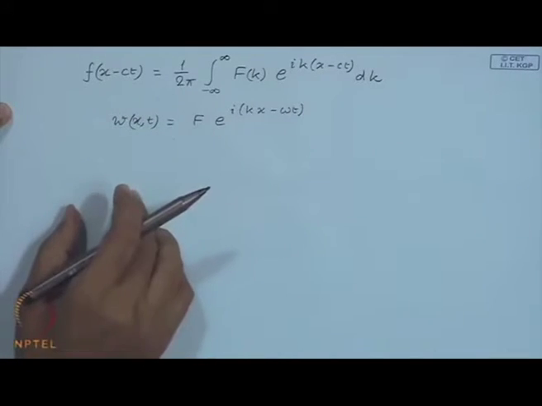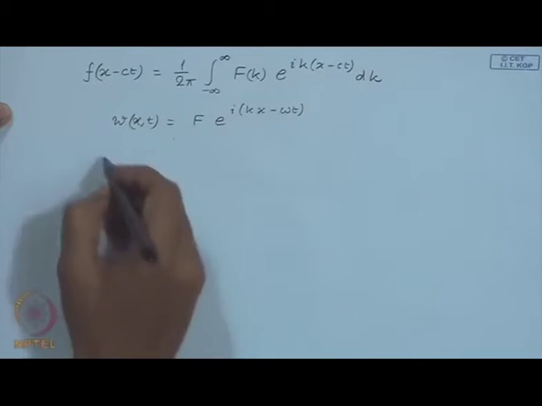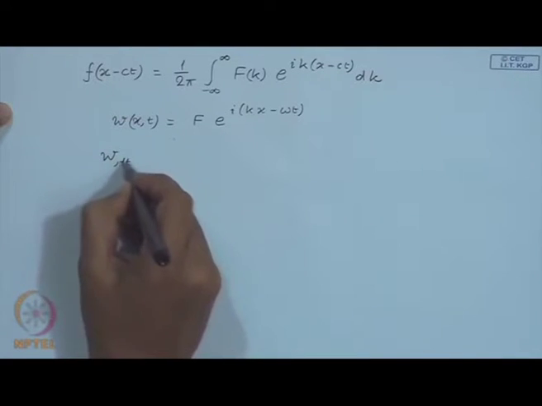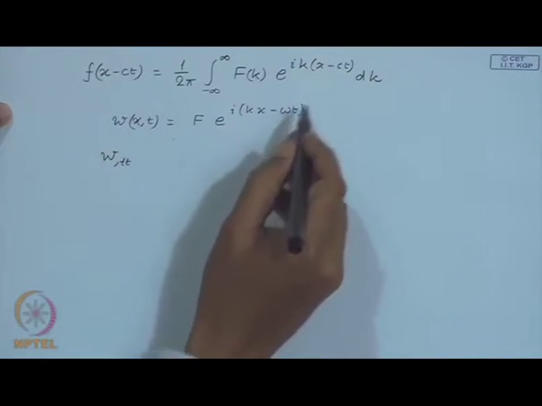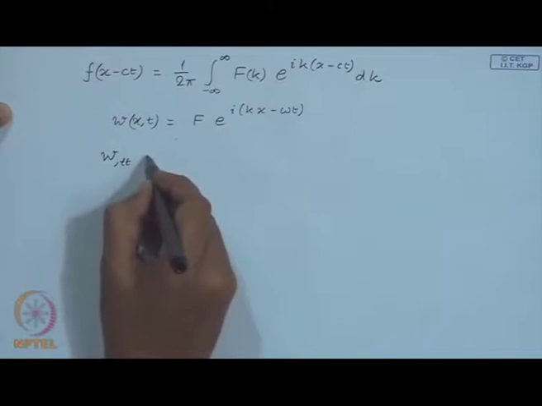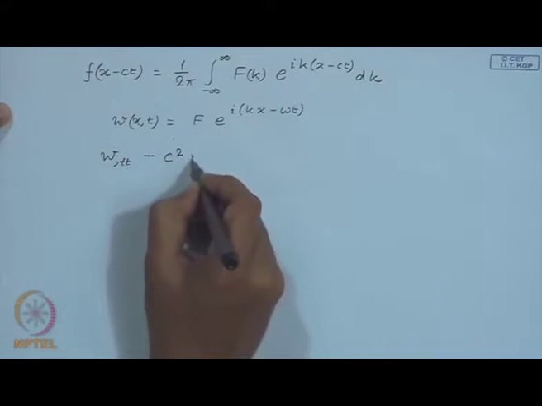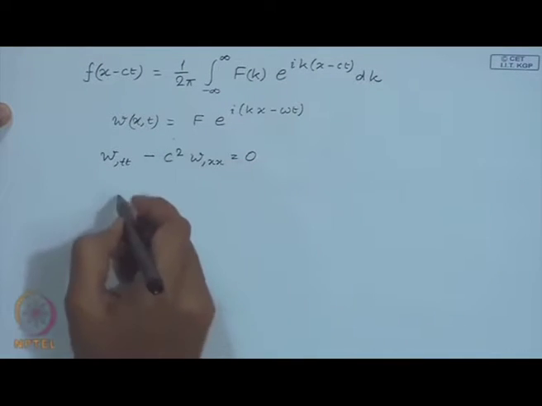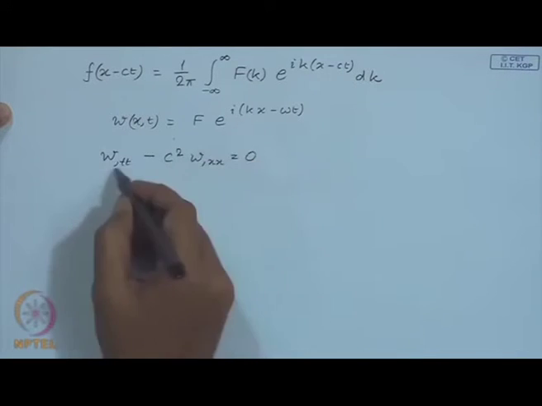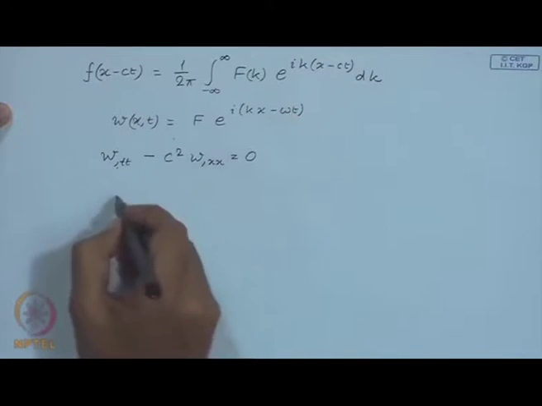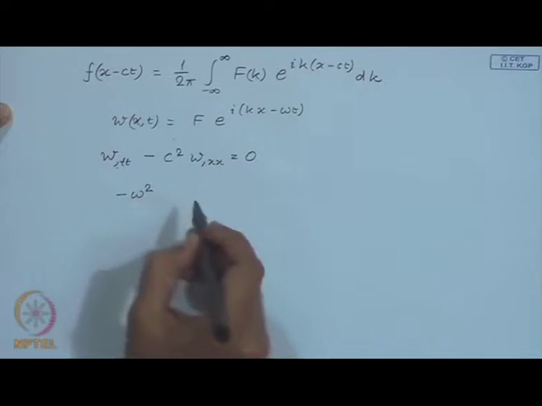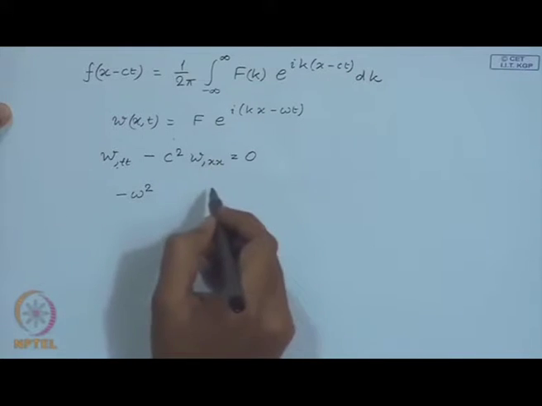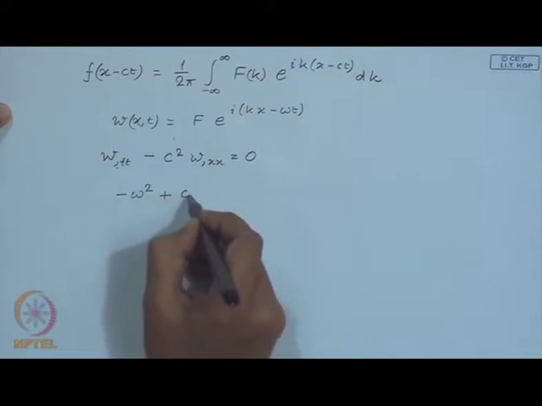If you substitute this solution form in the wave equation, you see that this choice of kc equal to omega satisfies the wave equation. If I substitute this solution form, this is a double derivative with respect to time, which gives minus omega square, and a double derivative with respect to space gives minus k square, so this will be plus c square k square.